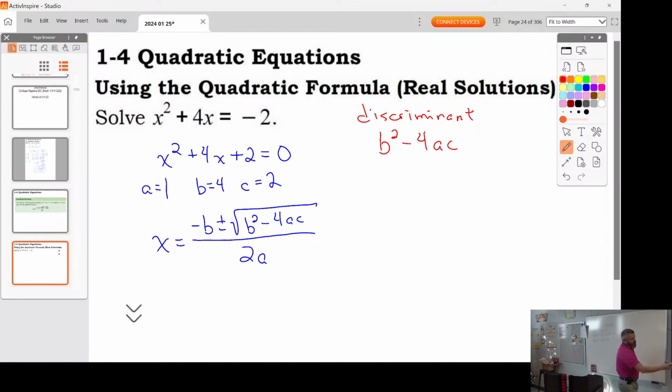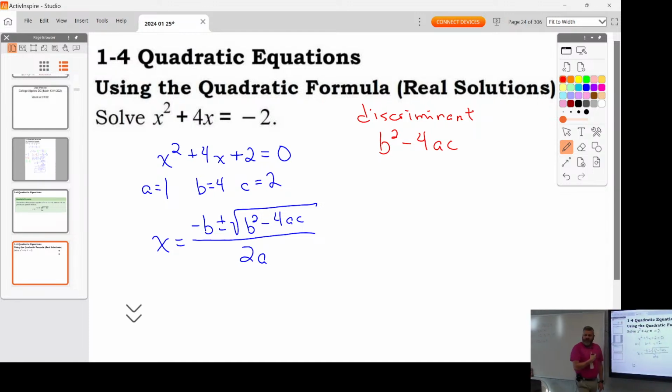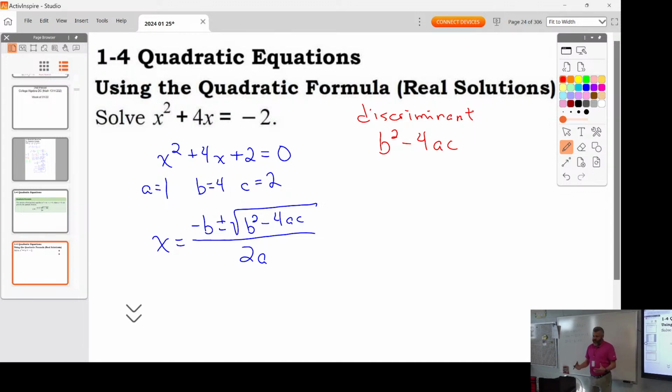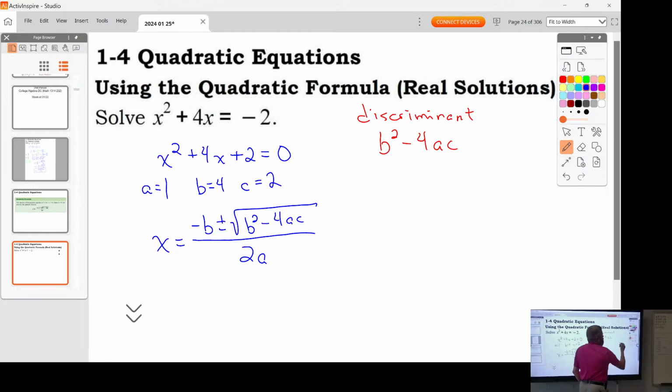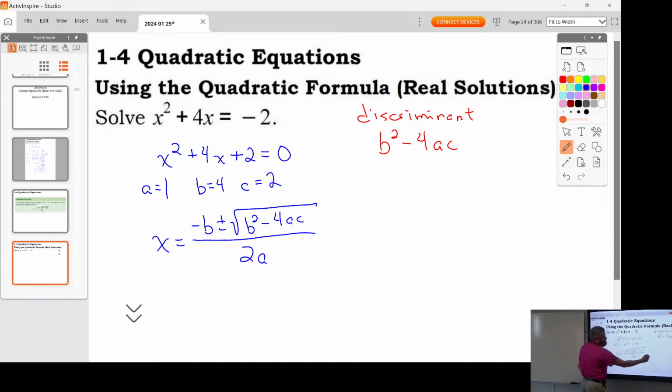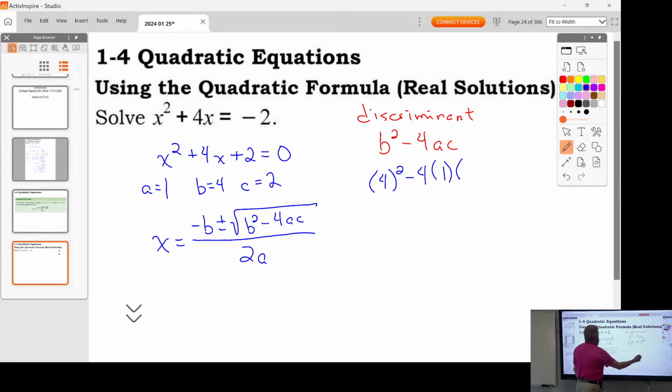When evaluating the quadratic formula, personally, I don't like to plug in A, B, and C and solve the whole thing at once. My personal preference is to solve the discriminant first, and then plug it in, and then solve from there. You do what you want, okay? Solving for the discriminant. B is 4 squared minus 4 times A, which is 1, times C, which is 2.